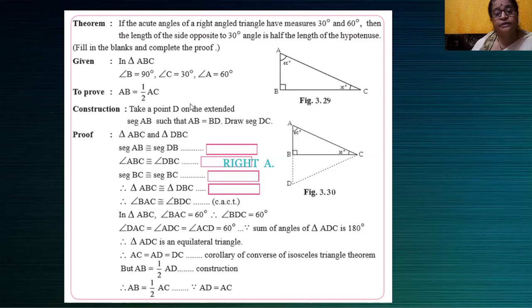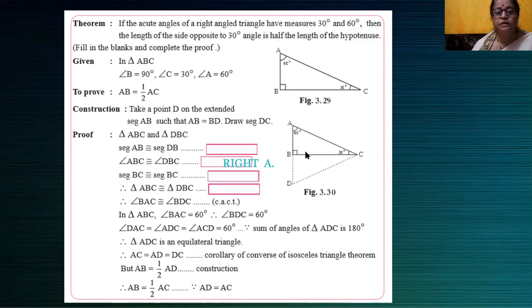For proving that, we do one construction: take a point D on line AB such that AB is equal to BD. So here two triangles are formed: triangle ABC and another triangle DBC.